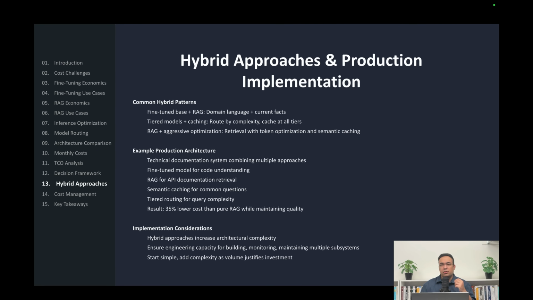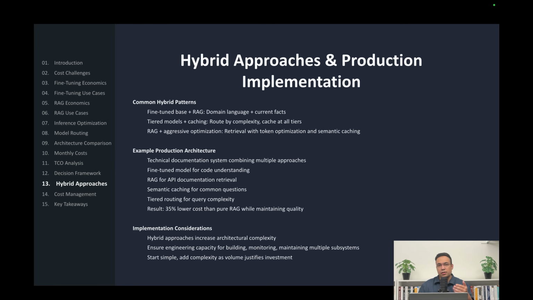Now let's cover a concrete example. Let's say you're designing a technical documentation system, and there you can combine multiple of these approaches. You can use a fine-tuned model for code understanding because that foundational knowledge is stable. You can use RAG for API documentation retrieval because that changes with every product release. You can implement semantic caching for common questions because developers ask similar questions repeatedly.